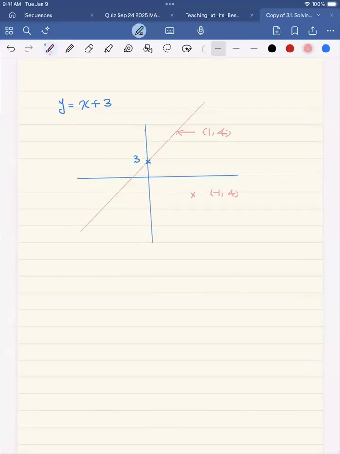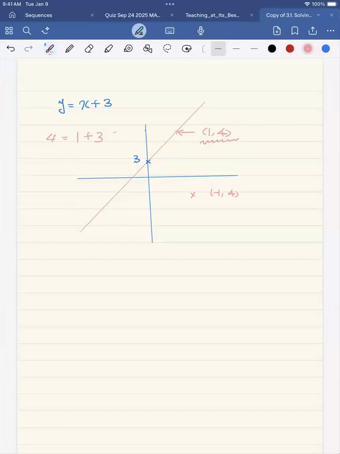As a warm-up, let's consider the graph of y equals x plus 3. If we put x equals 1 and y equals 4, then y equals 4 and x plus 3 equals 4.